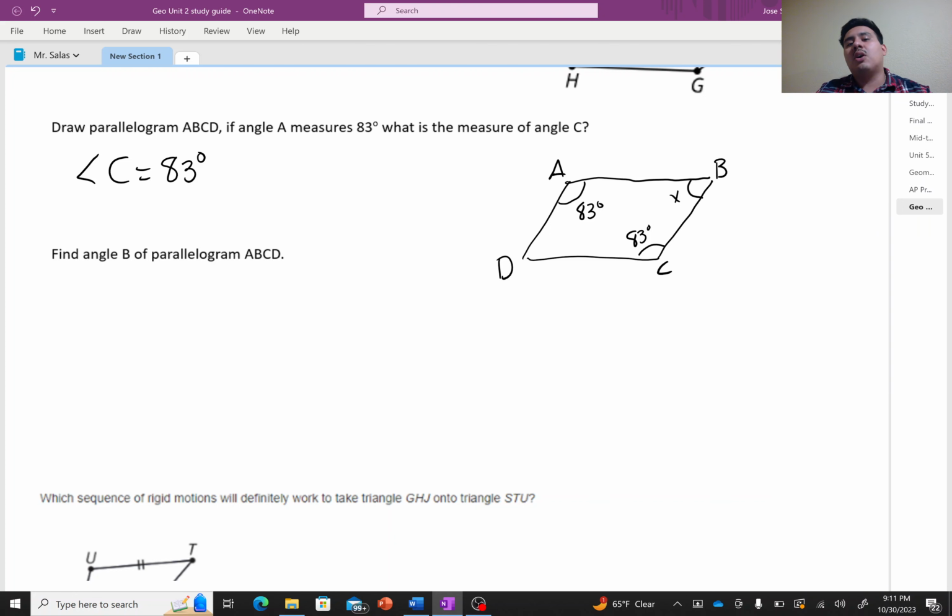So to find angle B, I take 180 minus 83, and I get a whopping 97 degrees. So angle B measures 97 degrees.